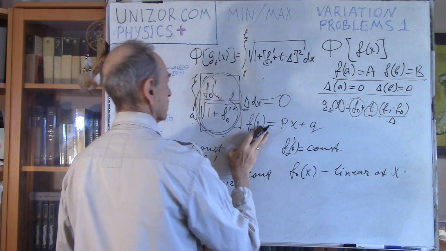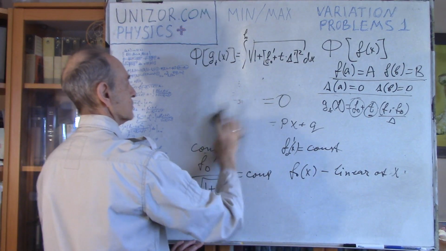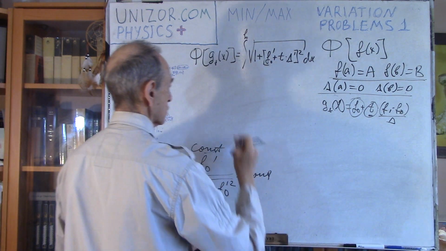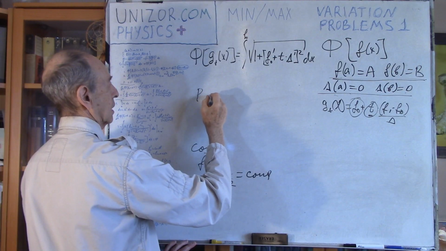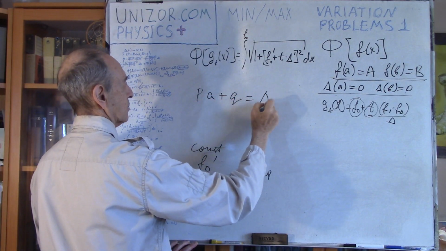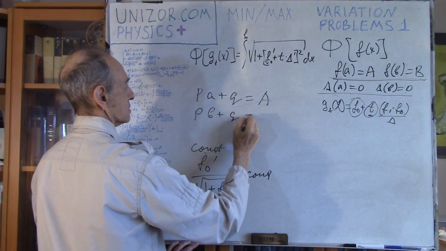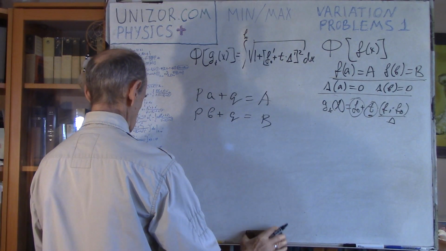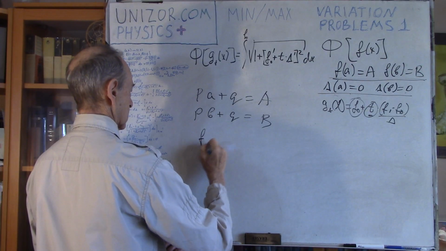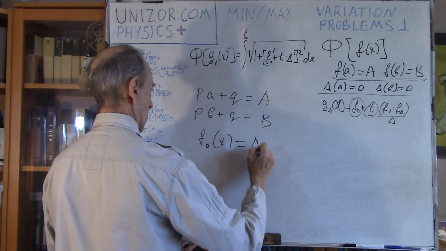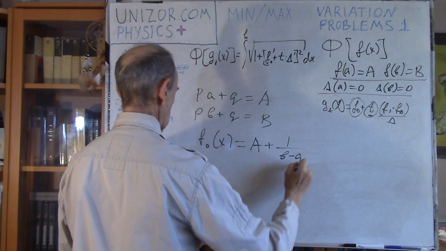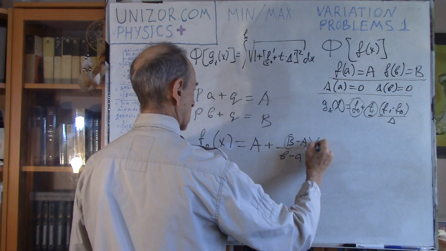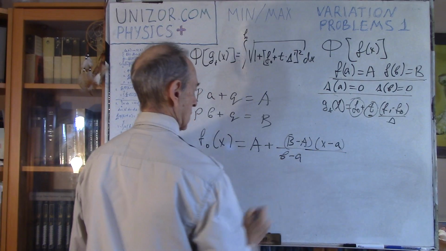If you want the equation of the straight line between these two, you just have to solve pa plus q equal to capital A, pb plus q equal to capital B, and the result would be f0 of x equal to A plus 1 over (b minus a), and we will have (B minus A) times (x minus a). So this is the result.